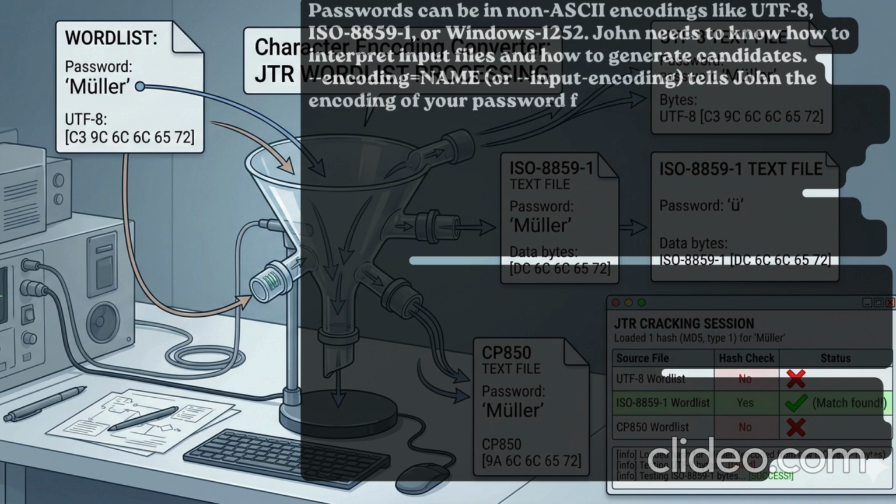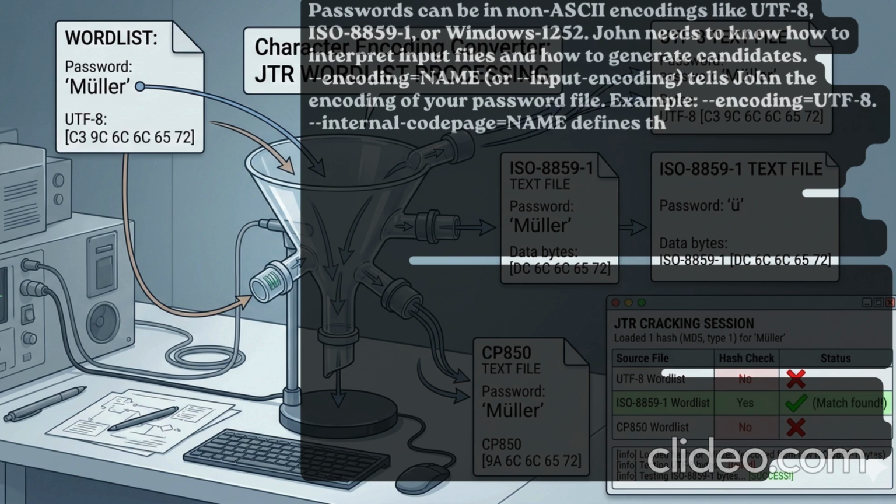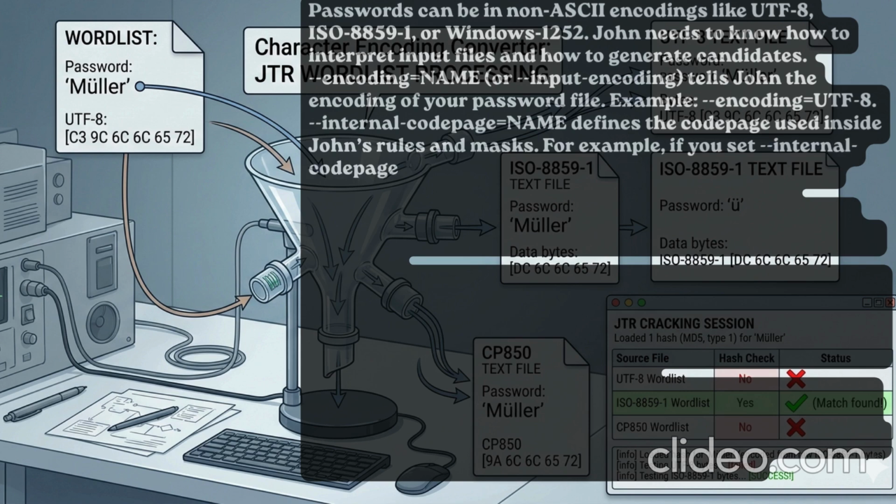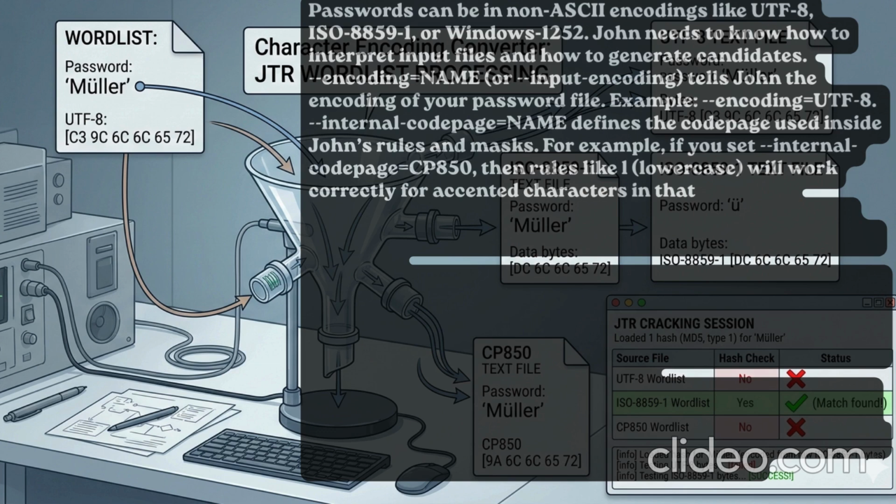Example: --encoding=UTF-8. --external-code-page=NAME defines the code page used inside John's rules and masks. For example, if you set --external-code-page=CP850, then rules like L (lowercase) will work correctly for accented characters in the code page.